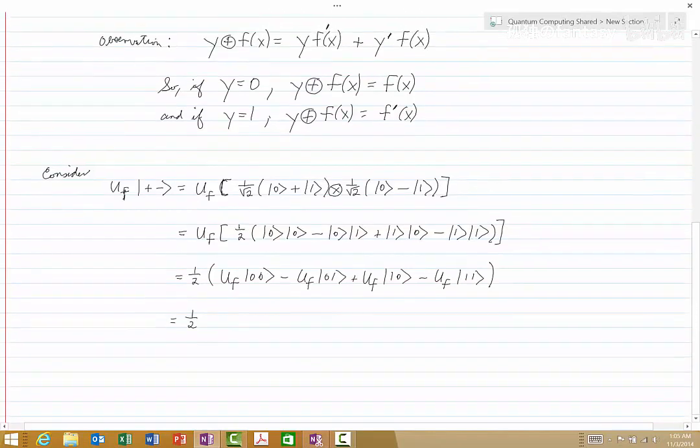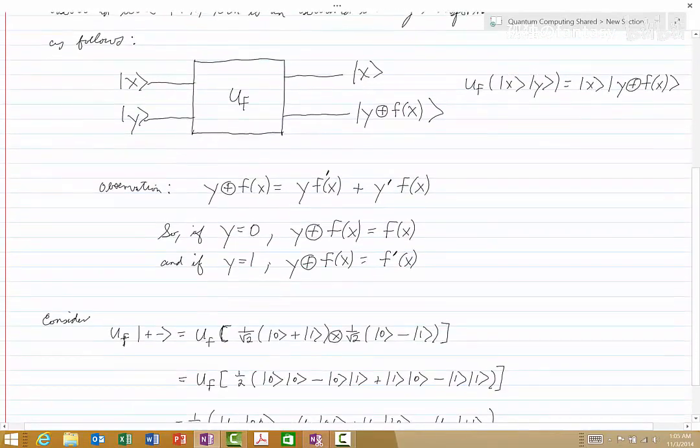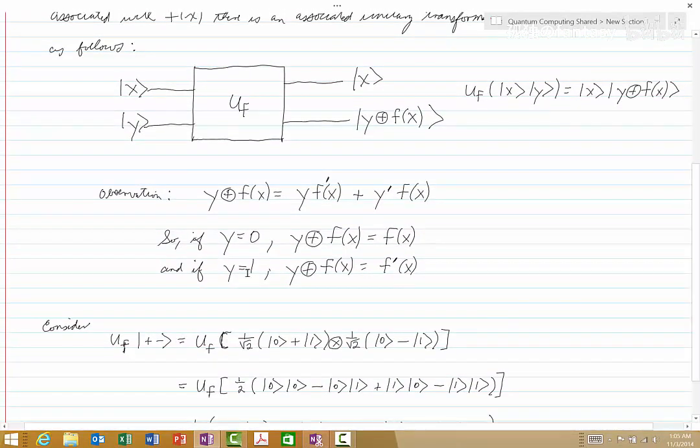Now let's remember the way that UF is defined up here. UF of x, y is equal to x, and then the second qubit will be y exclusive or f of x. And y exclusive or f of x down here is equal to f of x when y is 0, and it's equal to f prime of x when y is equal to 1.